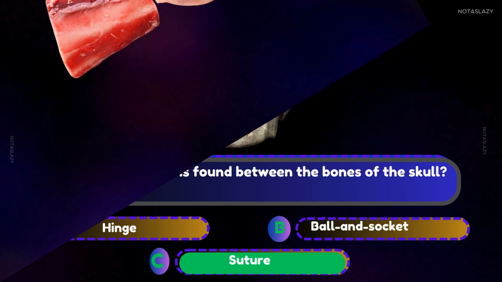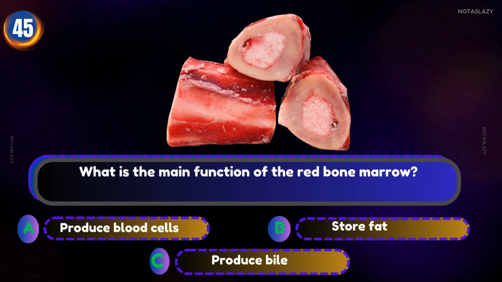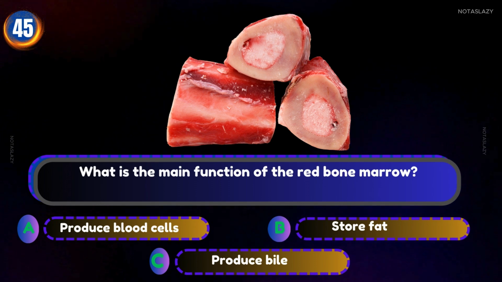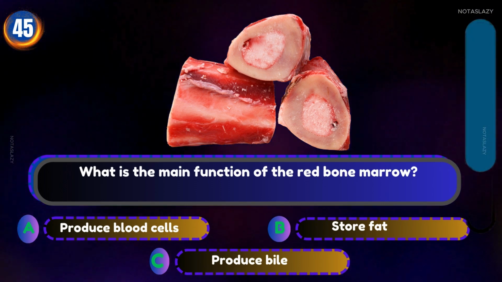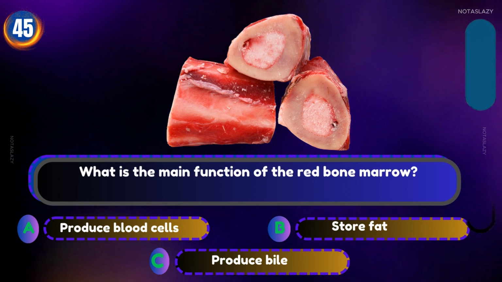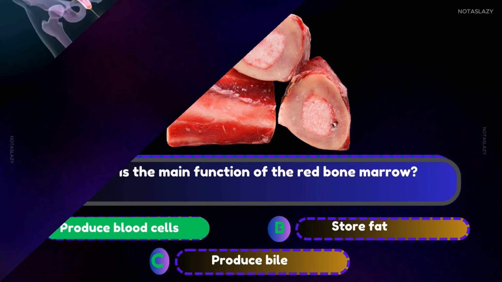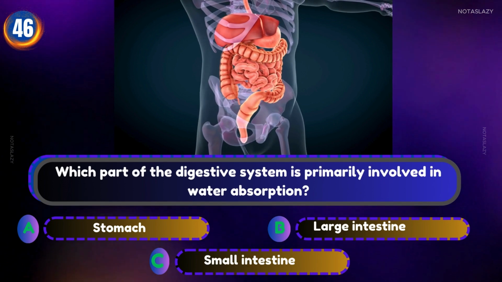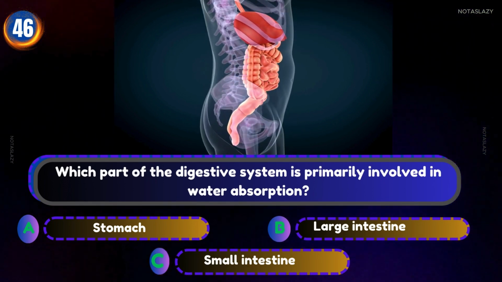Suture. What is the main function of the red bone marrow? Produce blood cells. Which part of the digestive system is primarily involved in water absorption?